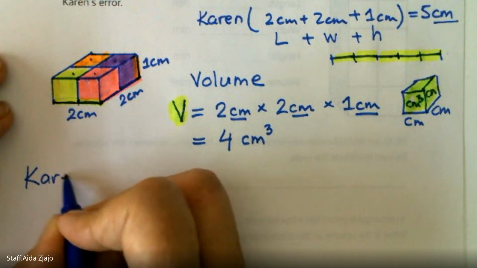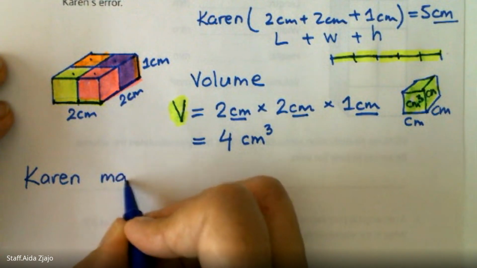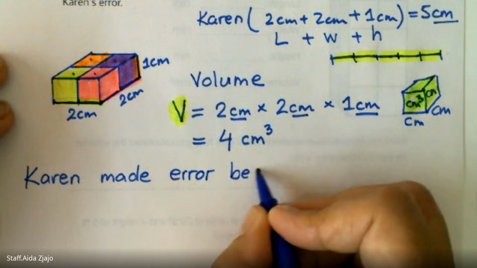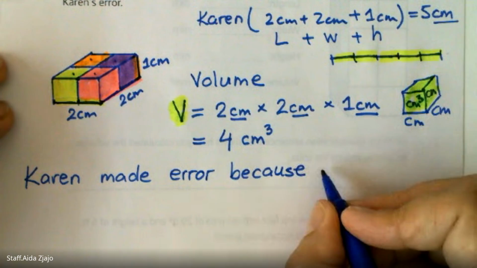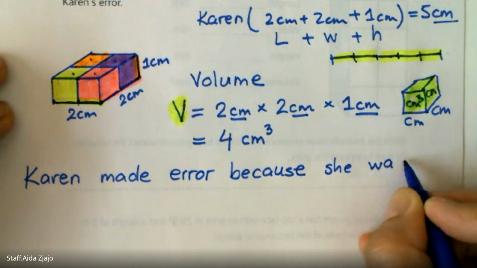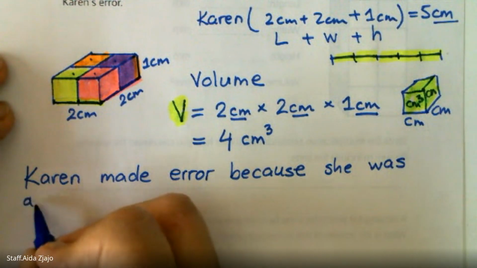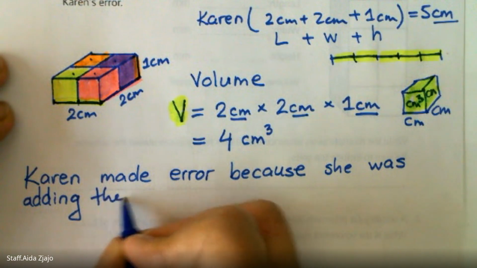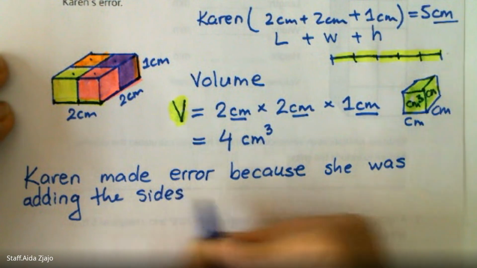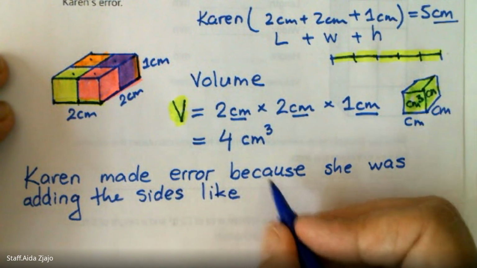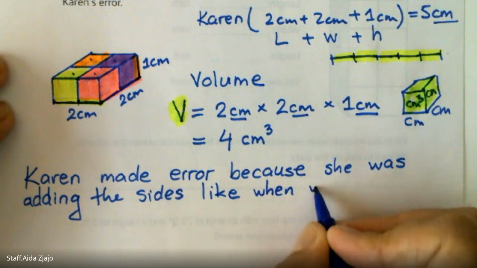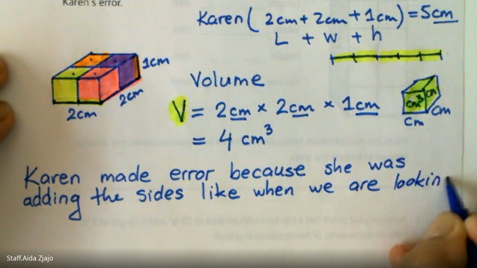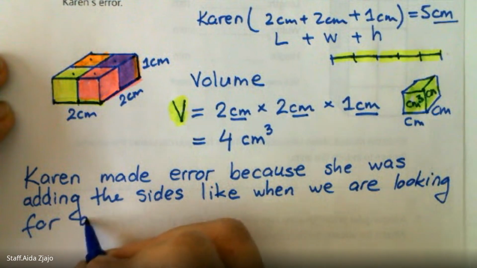Karen made an error because she was adding the sides like when we are looking for a perimeter.